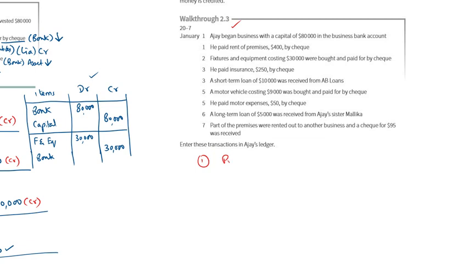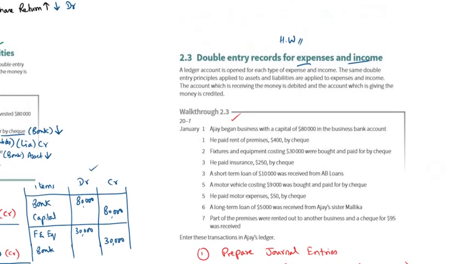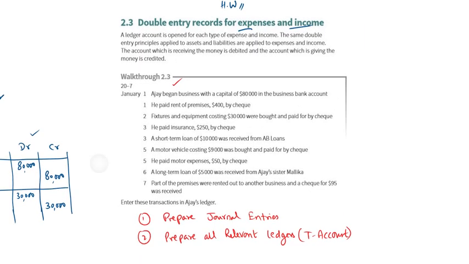Number one is to prepare journal entries, and the second one is to prepare all relevant ledgers or T accounts. Take a screenshot of this question. It will be easier for you to solve the question.